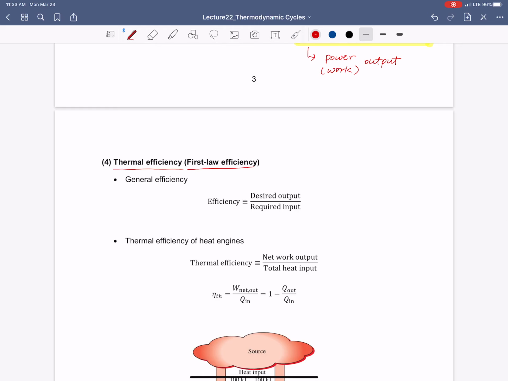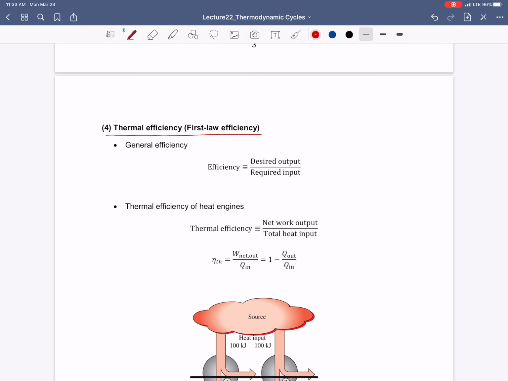In order to discuss that further, we have to define a thermal efficiency. Because we mainly use the first law of thermodynamics to define the thermal efficiency, it is called first law efficiency.